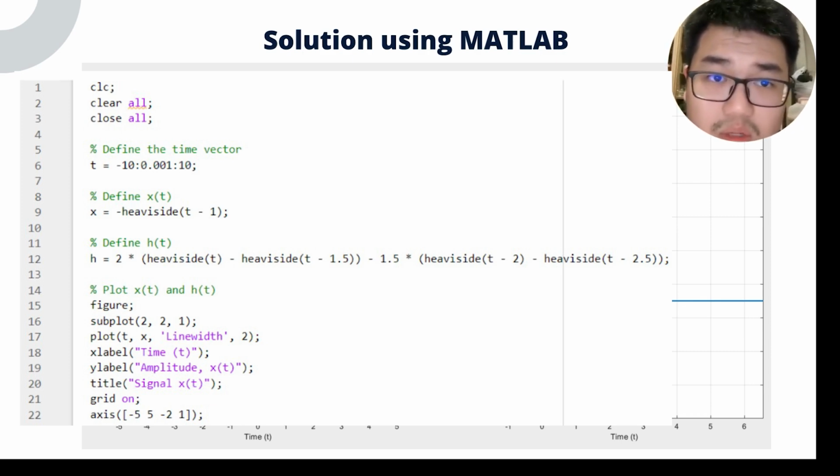First, we plot both signals x(t) and h(t) and set the x limits at negative 5 and 5, and the y limits at negative 2 and 1.